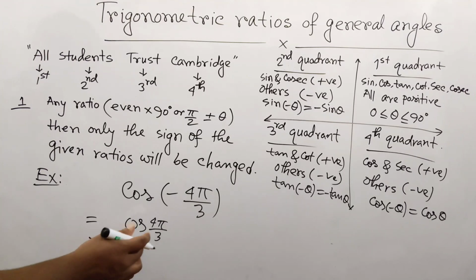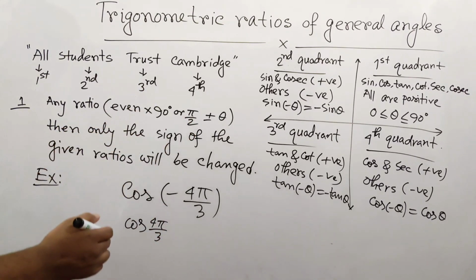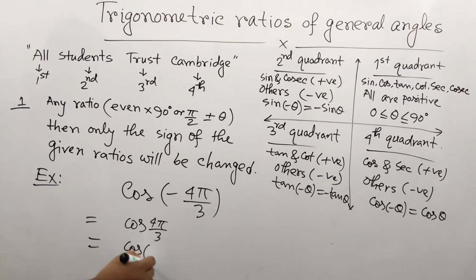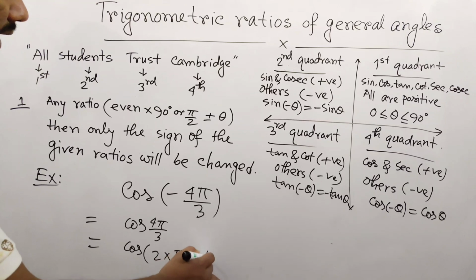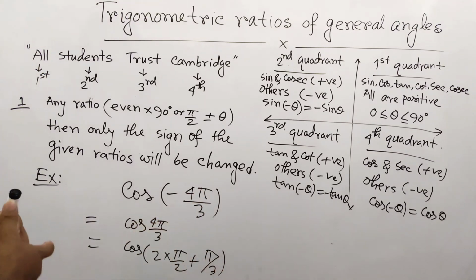Now I'll divide this into even multiples of pi by 2. You can easily write it as 2 multiples of pi by 2 plus pi by 3. If you calculate this, you get 4 pi over 3.